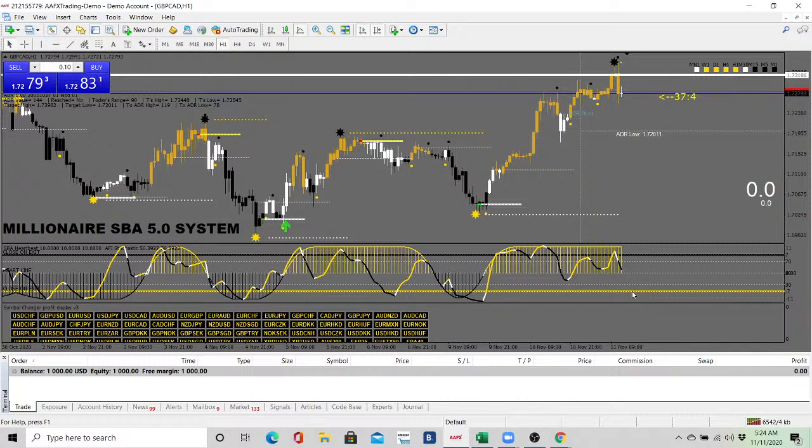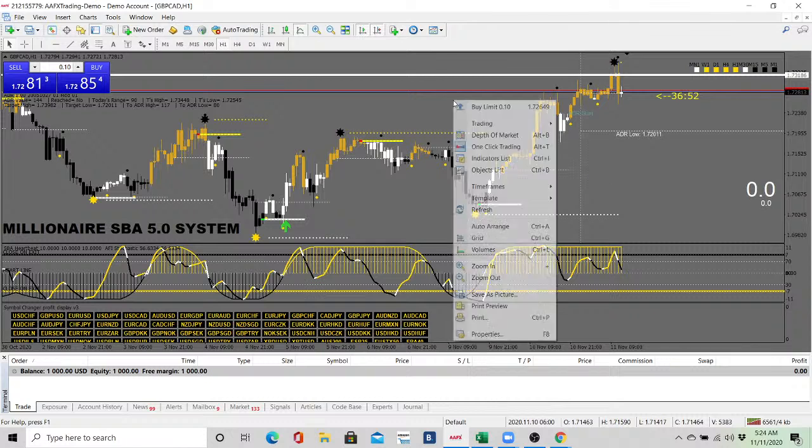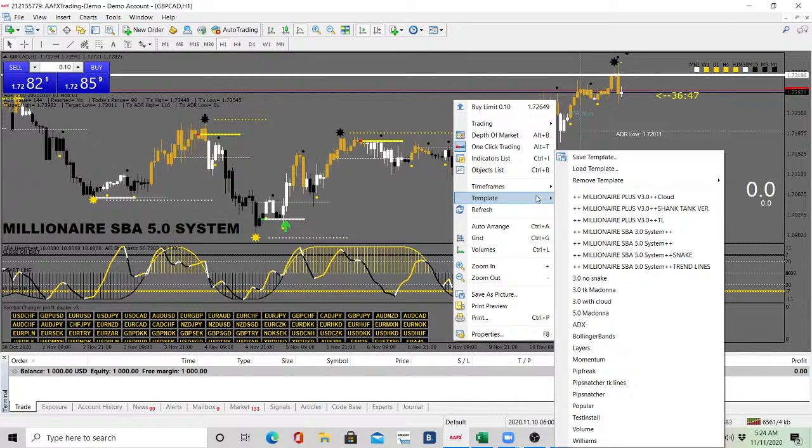And once it goes under this -7 line, then you take your money off the table, and then you wait until the snake turns gold again, and then you get back into the trade. So that's the third template with the SBA system.